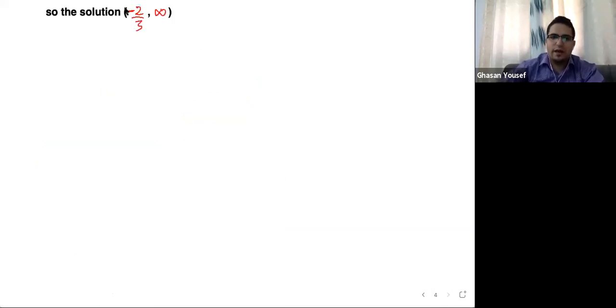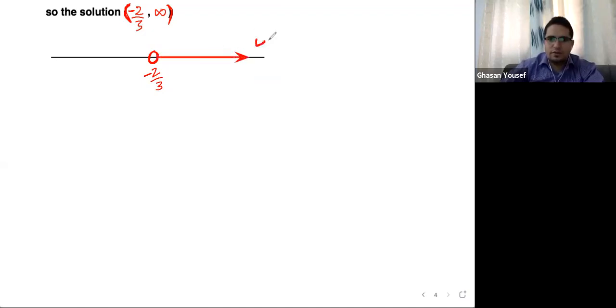That's why we put an open parenthesis: from minus 2 over 3 to infinity. Or I can put the solution on the real line like this, with an open circle at minus 2 over 3, since it is not an answer, and an arrow from this point going to infinity.